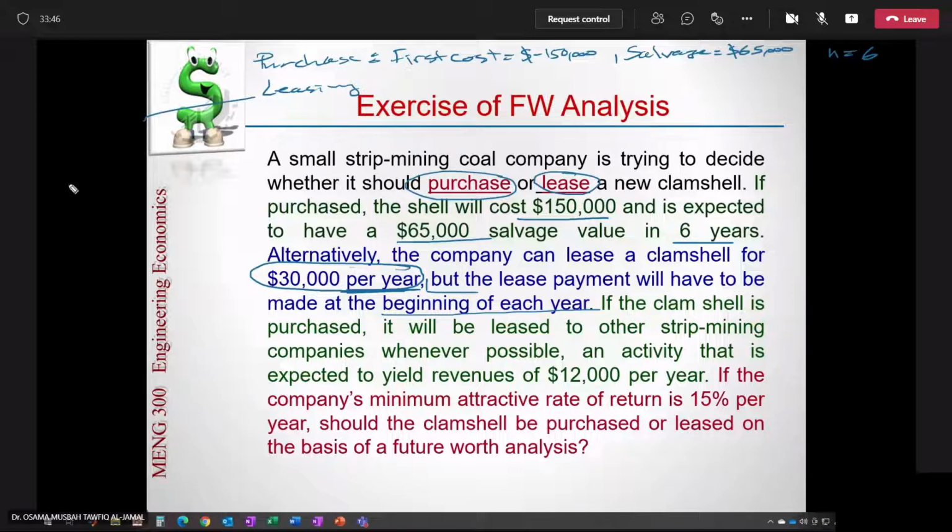For the lease, it is going to start from period 0. Why 0? Because if they paid 30,000 here, it means they paid for this full year, year 1. If they paid it here, it means they paid it for the second period. And here, for the third period.